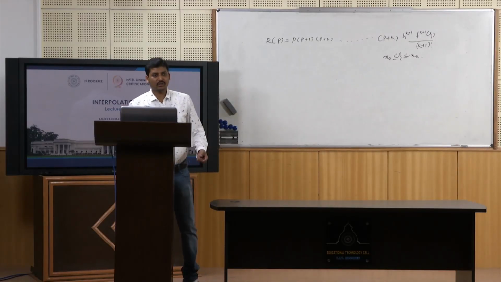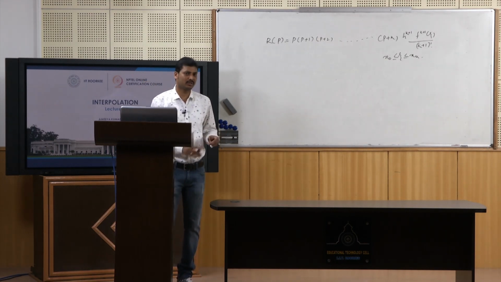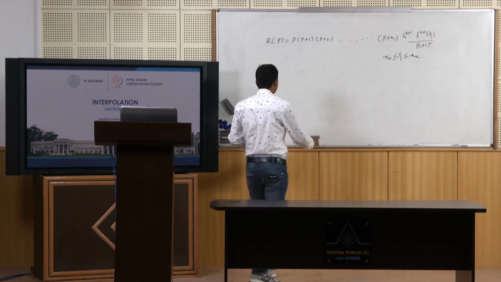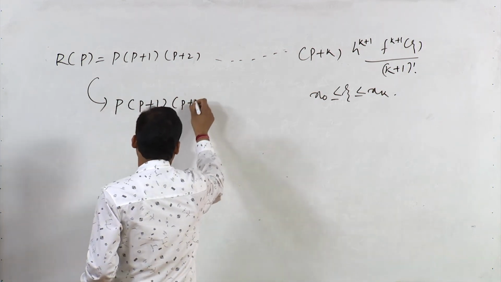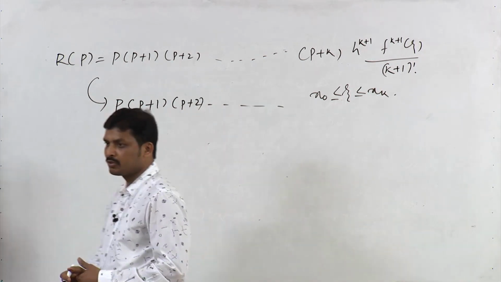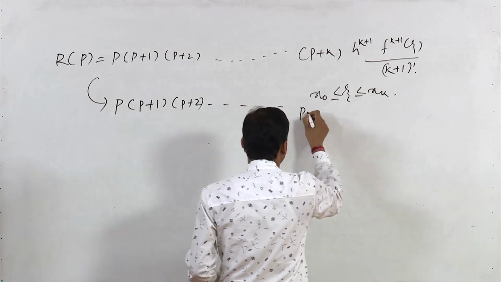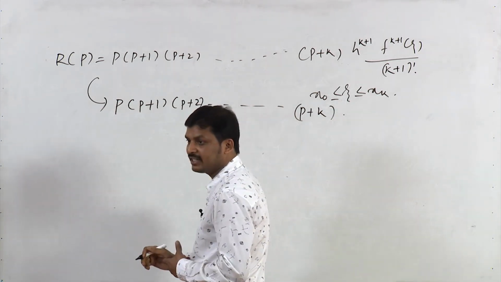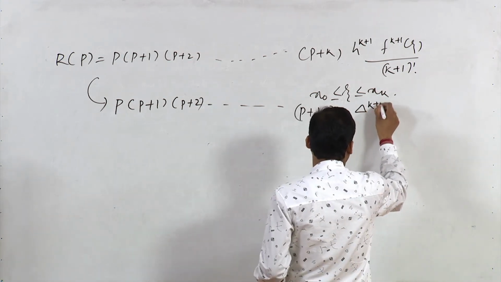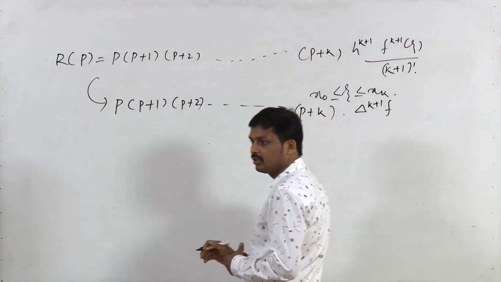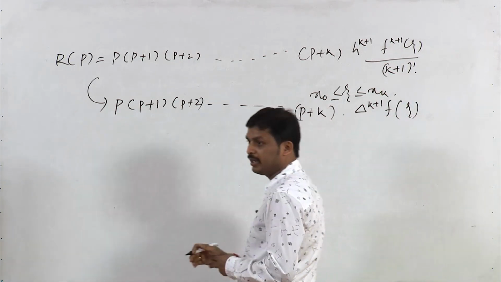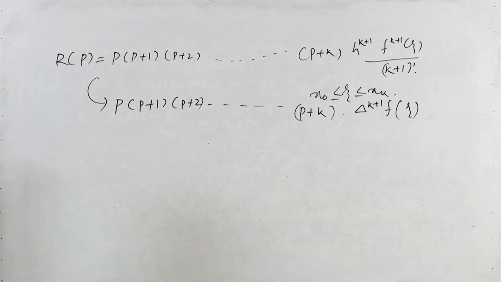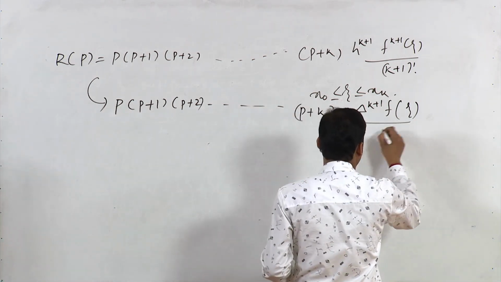And if we want to represent it in Newton's forward difference form, since usually this error is represented using the forward difference operator, it can be written as p into (p plus 1) into (p plus 2) up to (p plus k), then the next term is del to the power k plus 1 f of zeta, divided by k plus 1 factorial, where zeta lies between x0 and xk.